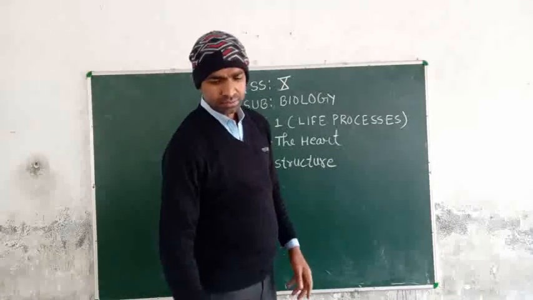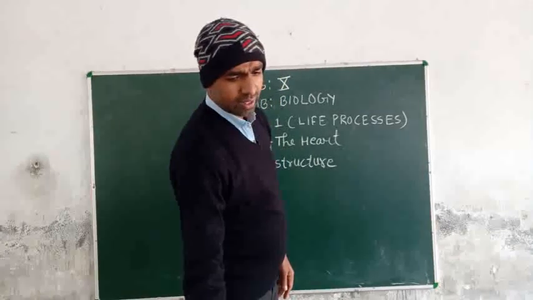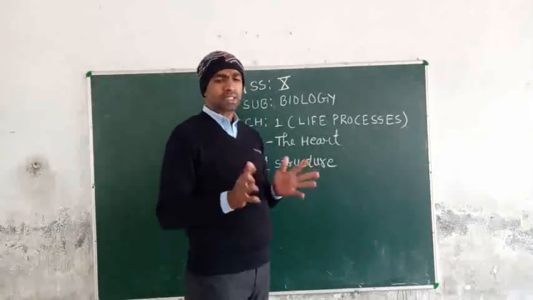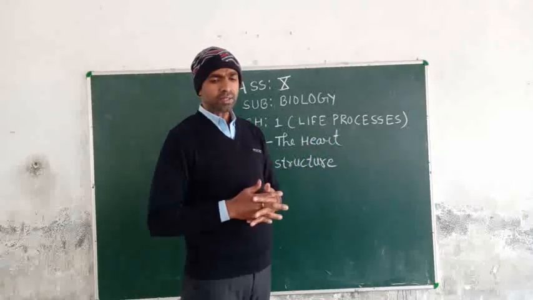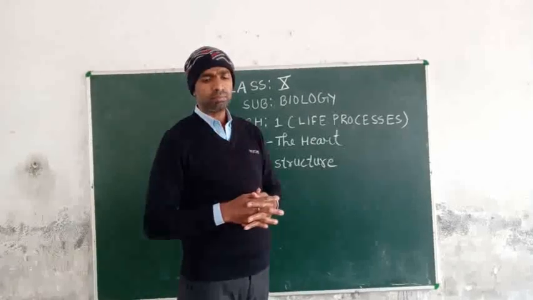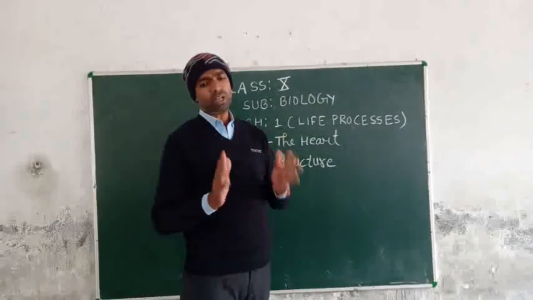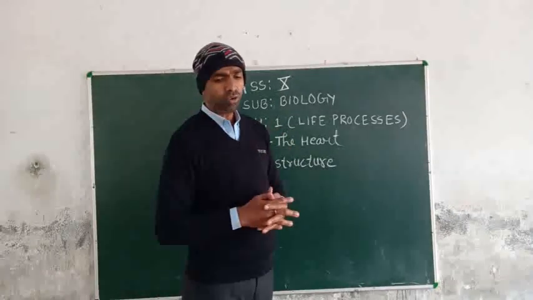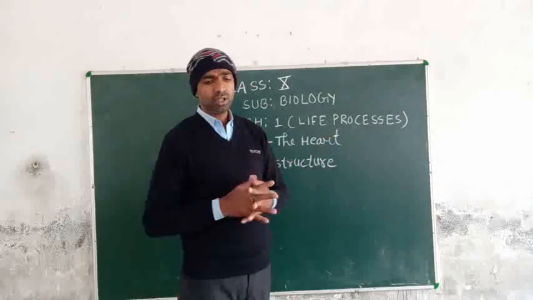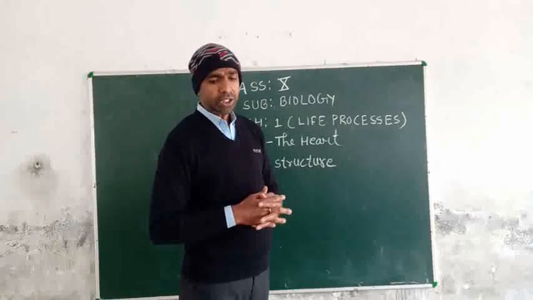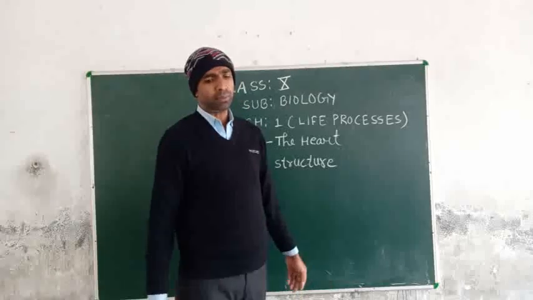After this, inside the internal structure, we will learn about valves in the heart. The valves in the heart are folds of endocardium. There are four valves in the heart that control the flow of blood within the heart and ensure the blood is evenly distributed to various parts of the body.